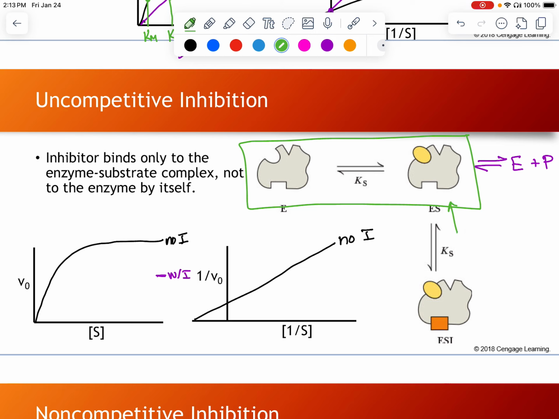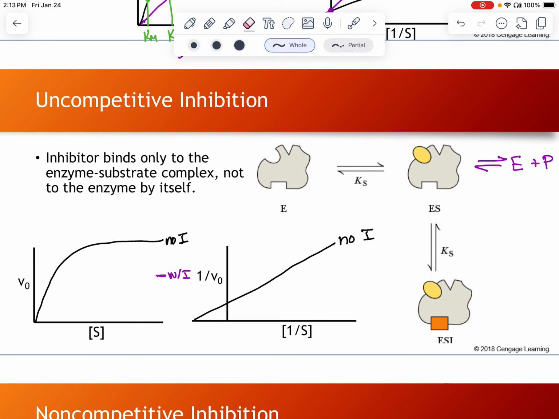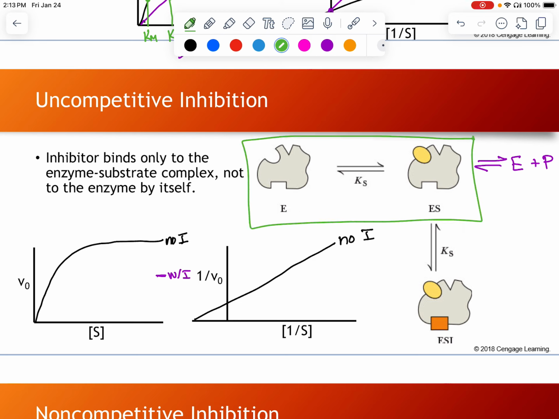And I should do a different arrow there just so it's not confusing. Some of that enzyme substrate gets pulled out of the equilibrium because it gets tied up as this. So the amount of the ES is going down. And we know Le Chatelier's principle says, well, hey, if you pull out some of the product, that's going to shift my equilibrium to the right, make it more likely for the enzyme to bond some more substrate.